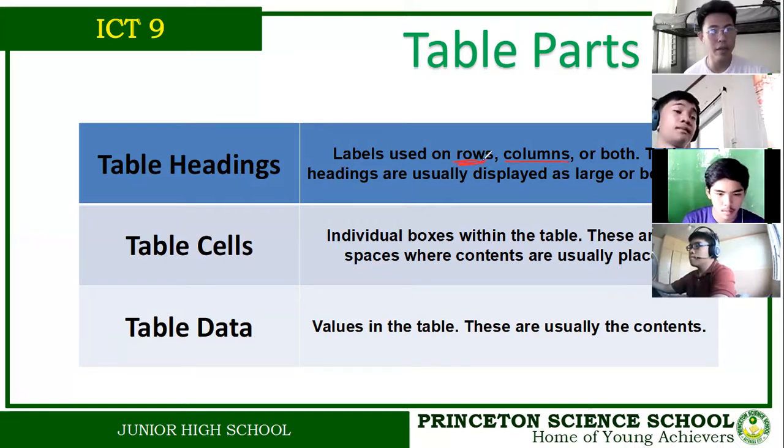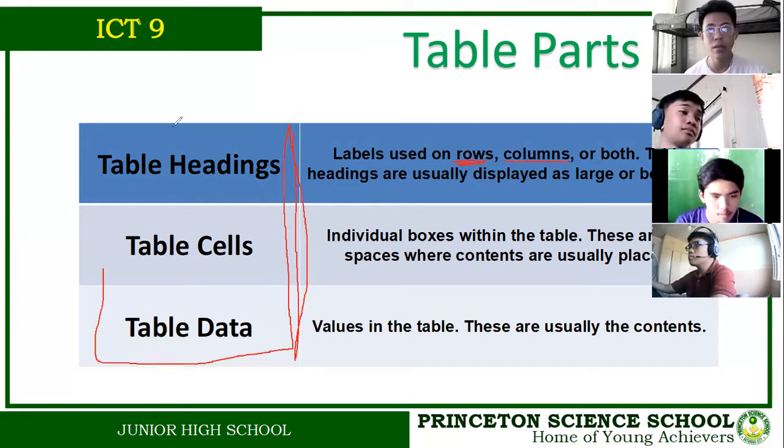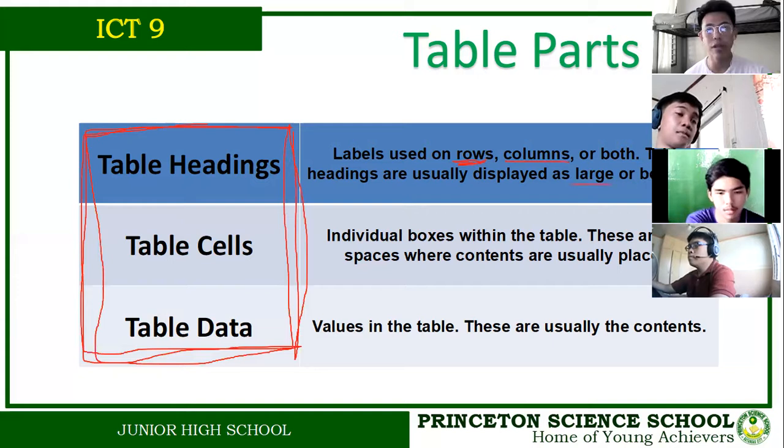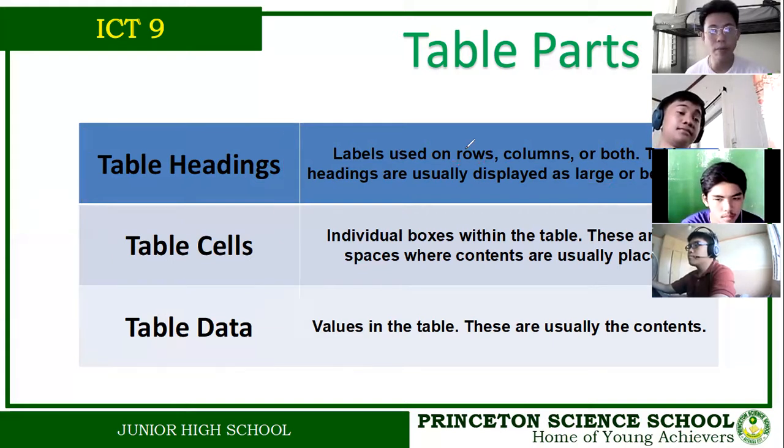Table headings can be used in the columns, of course. Like this one, we can consider this already as the table heading because table headings are usually displayed as large or bold text. So that is one way to distinguish our table heading.